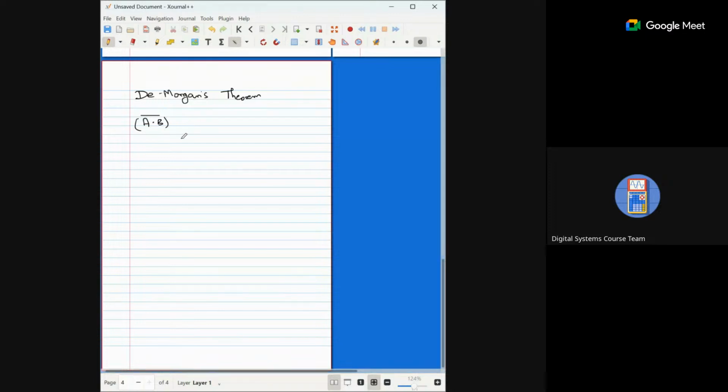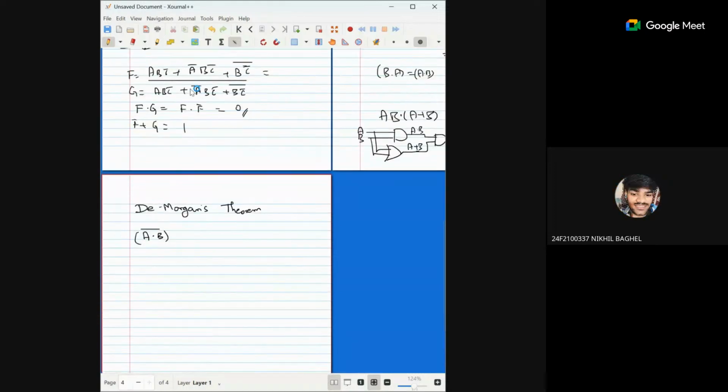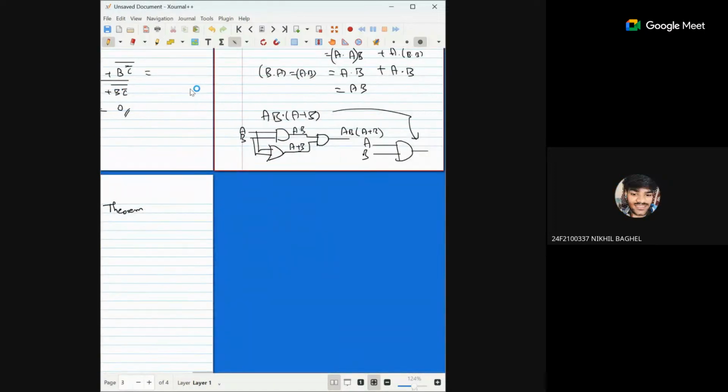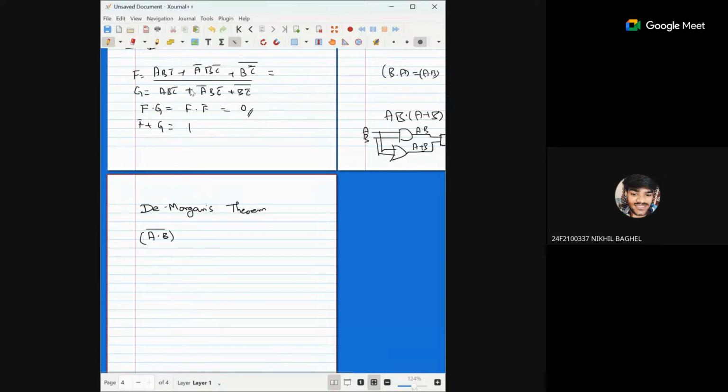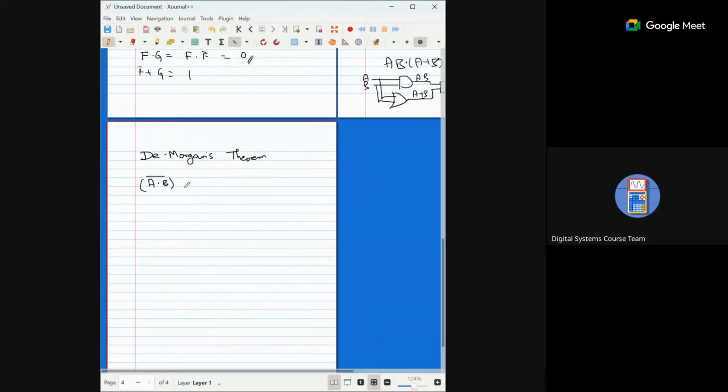it is going to distribute with a positive sign, the AND gate exchanged with an OR gate. So the answer is A bar or A with plus B bar.